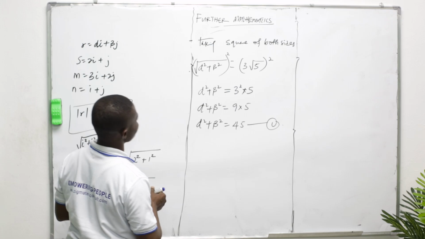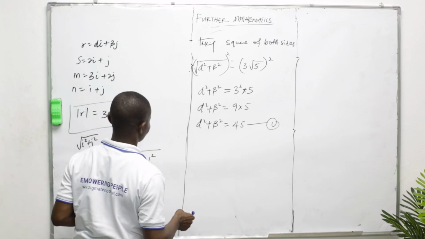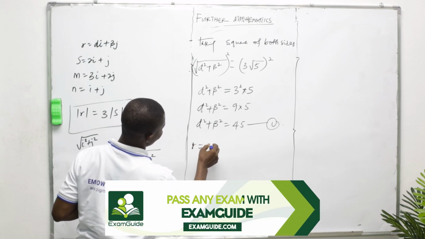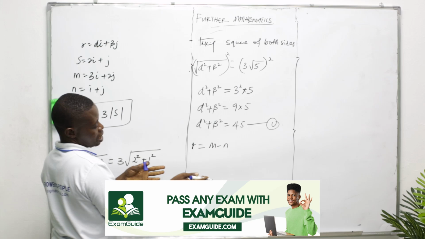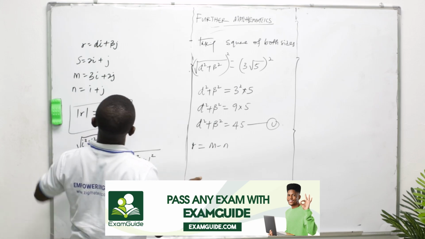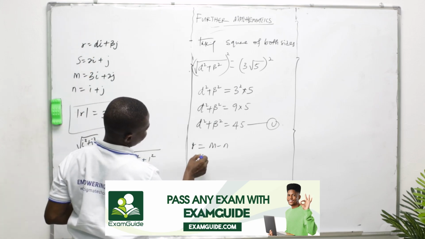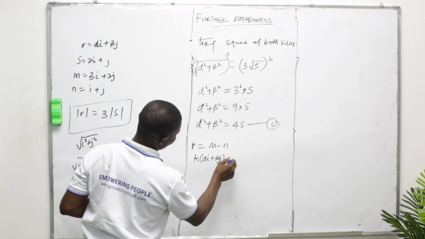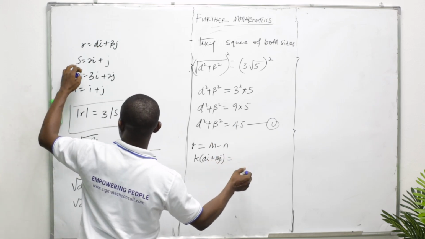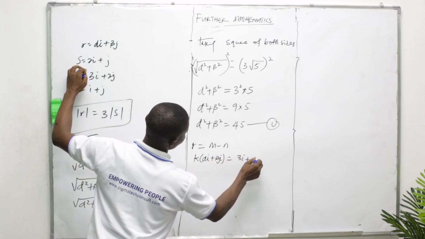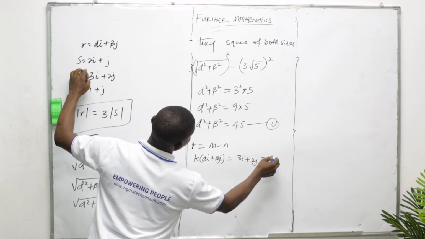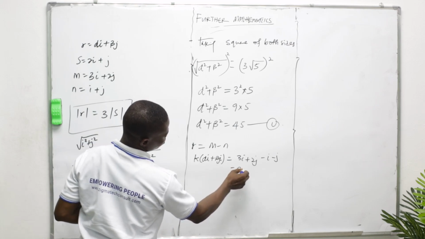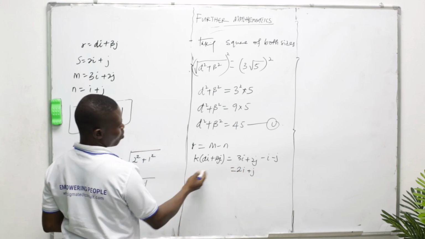Recall that since we are talking about a constant, we introduce a constant K: K times alpha i plus beta j equals M minus N. What is M minus N? 3i plus 2j minus i minus j, so I will have 2i plus j.